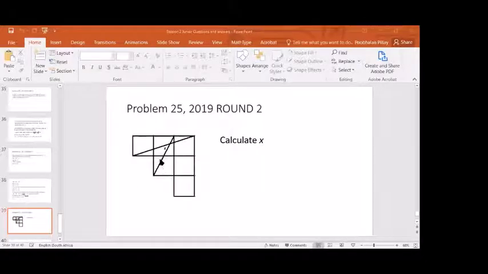But the last problem is this: you've got this funny figure here, and all these are squares, and you've got some lines drawn, and the question is to find the value of x. Now problem number 25 is the last problem in this paper.